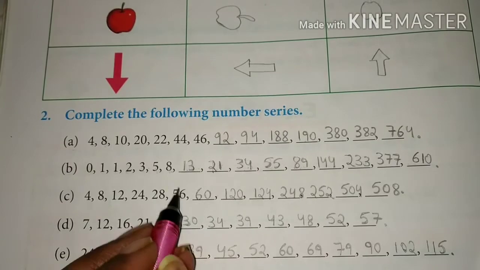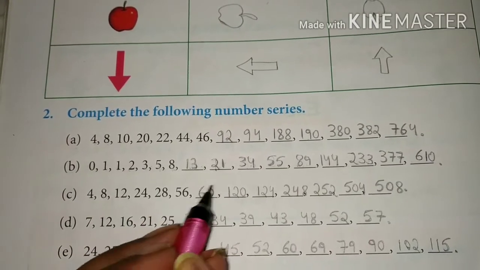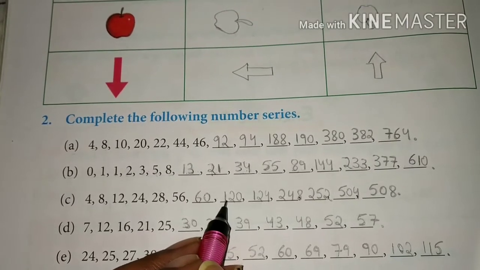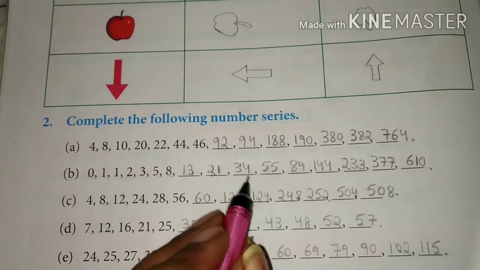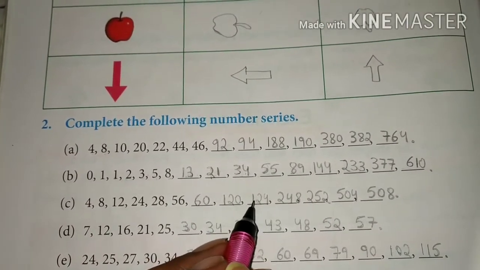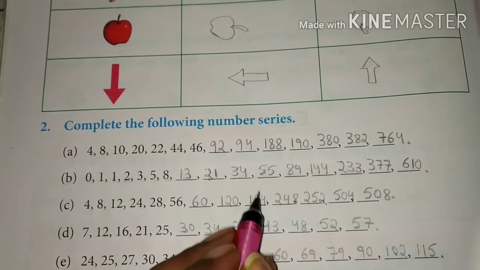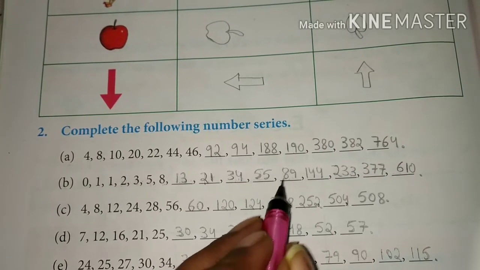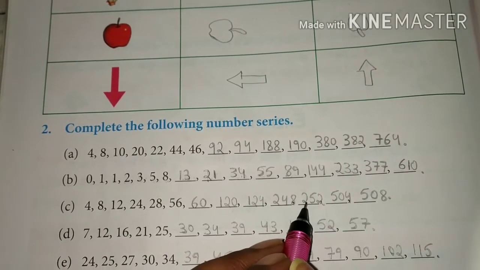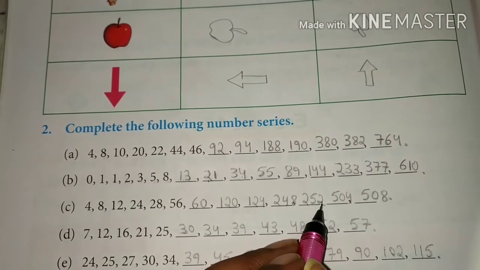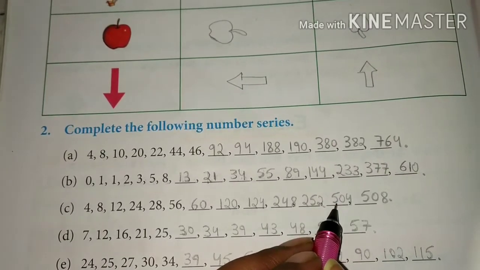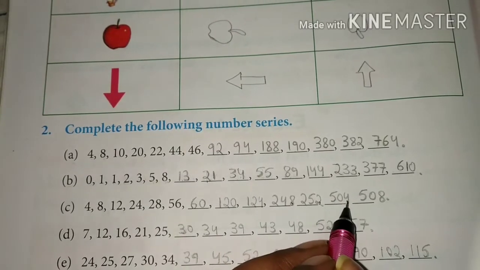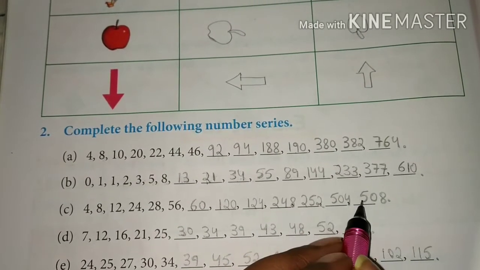So, 56 plus 4 is 60. 60 times 2 is 120. 120 plus 4 is 124. 124 times 2 is 248. 248 plus 4 is 252. 252 times 2 is 504. 504 plus 4 is 508.